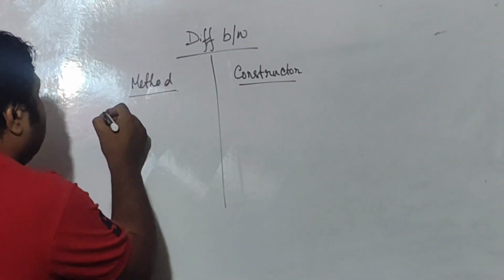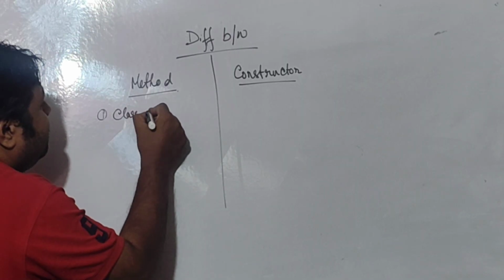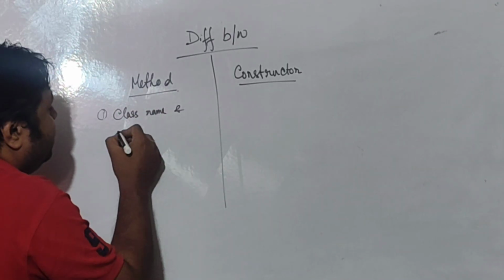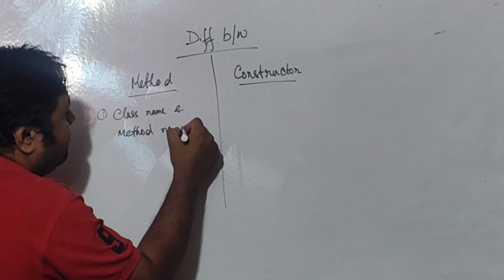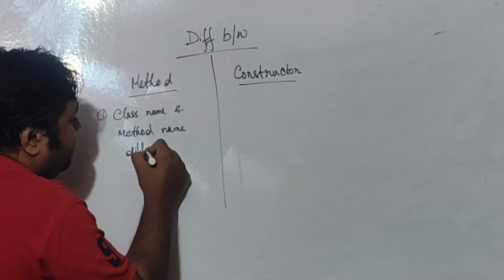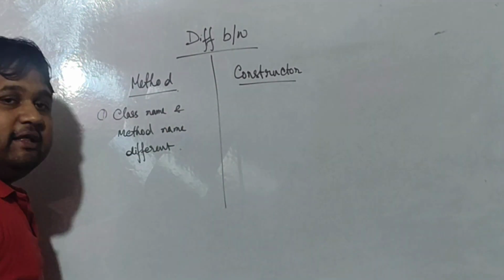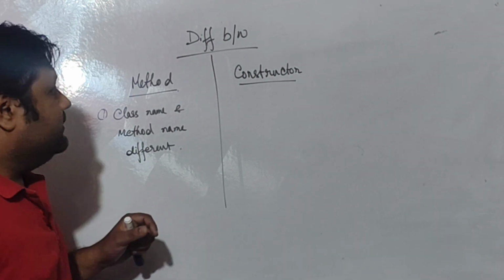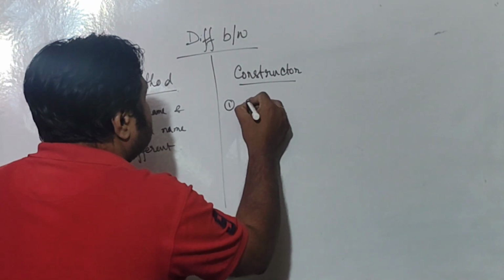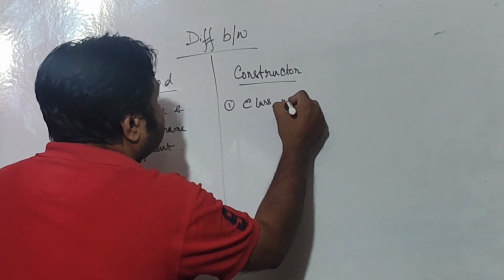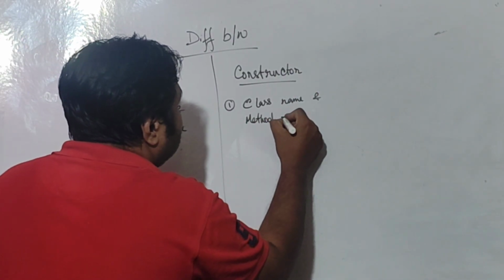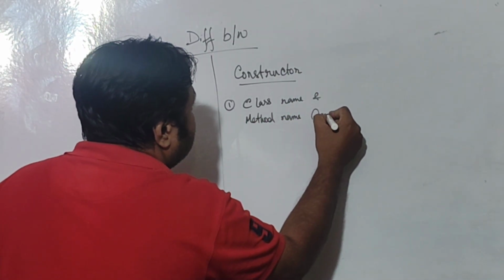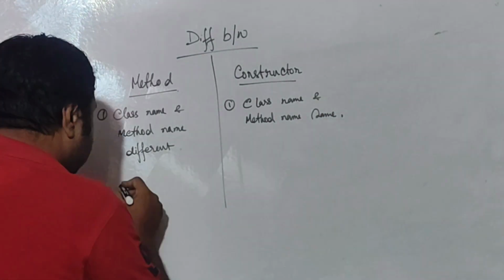First one: for a method, class name and method name are different. Second one: for a constructor, class name and method name are the same.